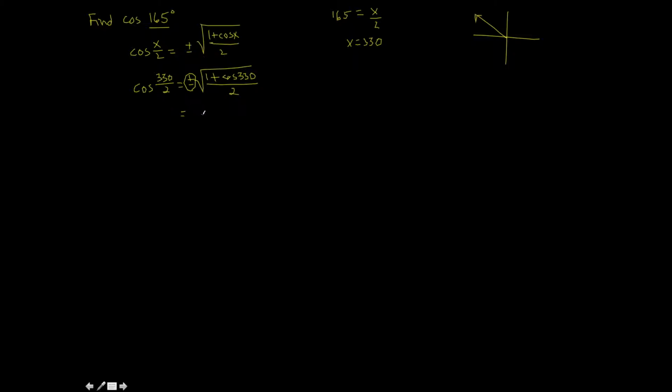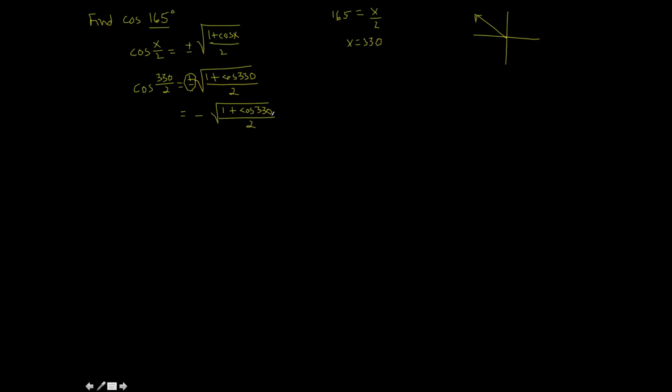So since cosine is going to be negative in that particular quadrant, there's no need in you even worrying about the positive version of that square root. We're just going to worry about the negative side since it's in quadrant 2. Now, 330 is also a 30, 60, 90 triangle. It's also one of our angles on the unit circle.